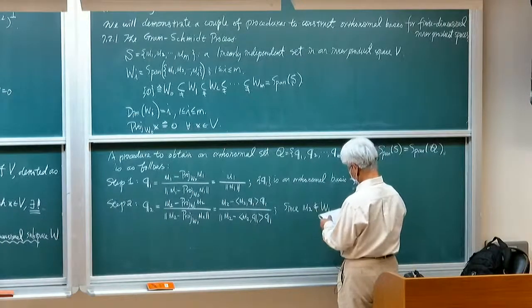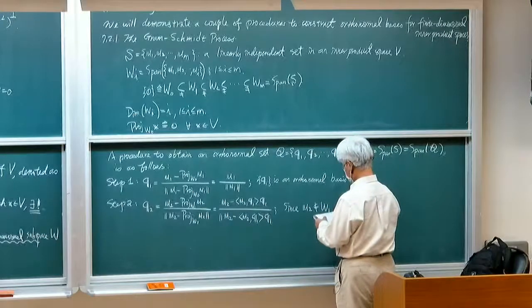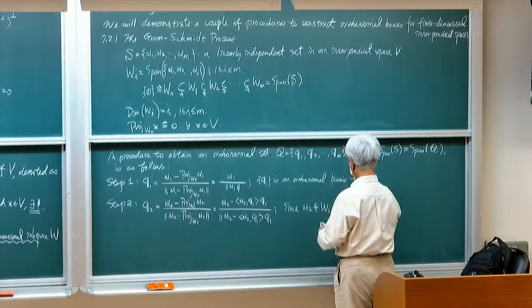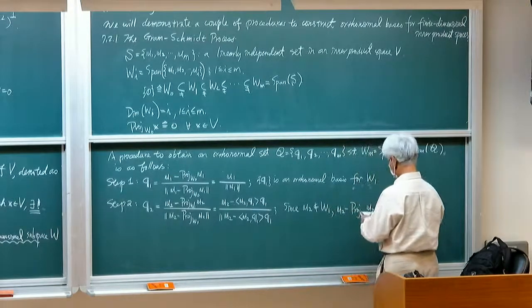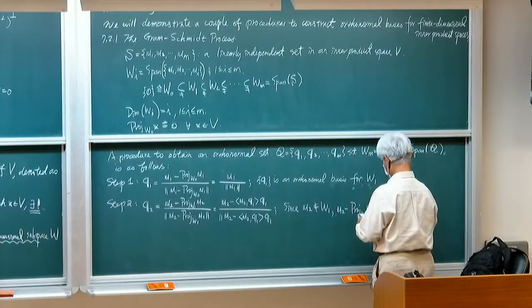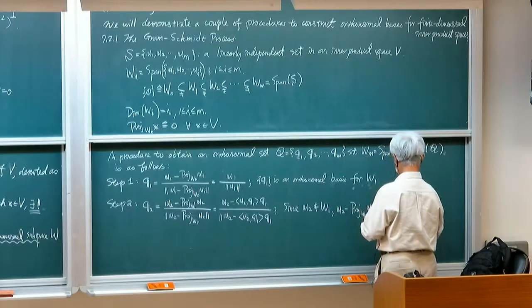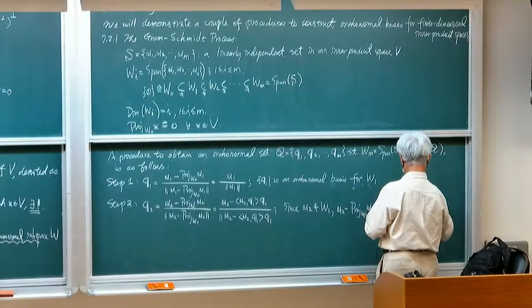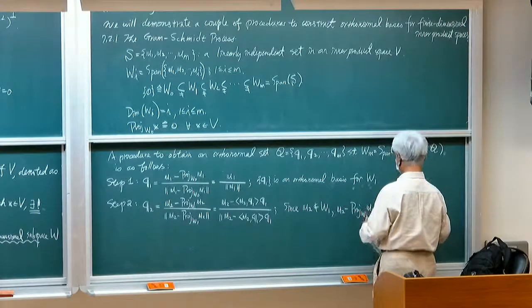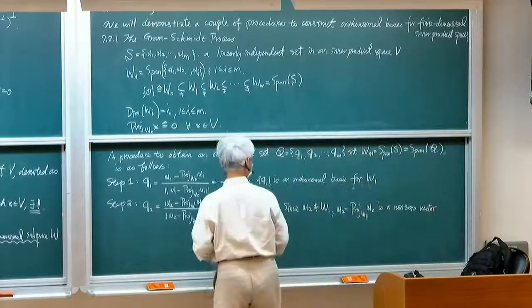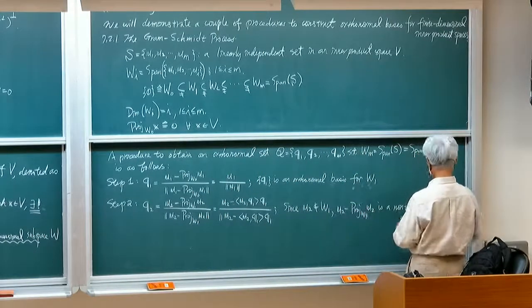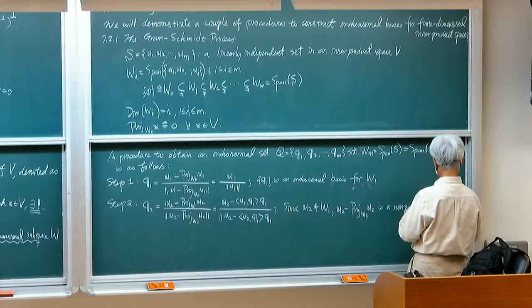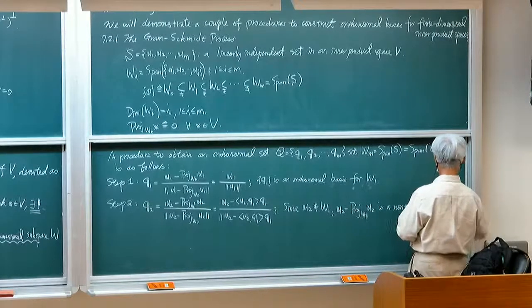So U2 is not in W1, so U2 minus the projection of U2 onto W1 is a non-zero vector. And this non-zero vector is in what? In W2 intersect W1 perp.